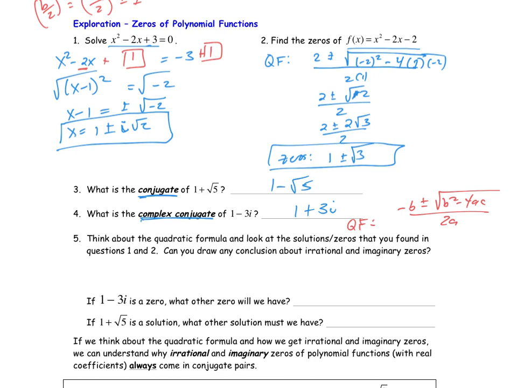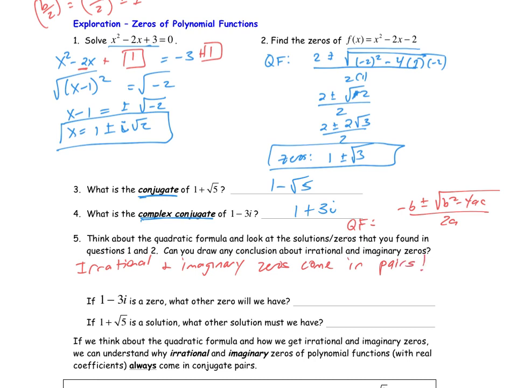If we look at these, it seems like irrational, like the solution to number 1, and imaginary zeros come in pairs. So that is actually true.